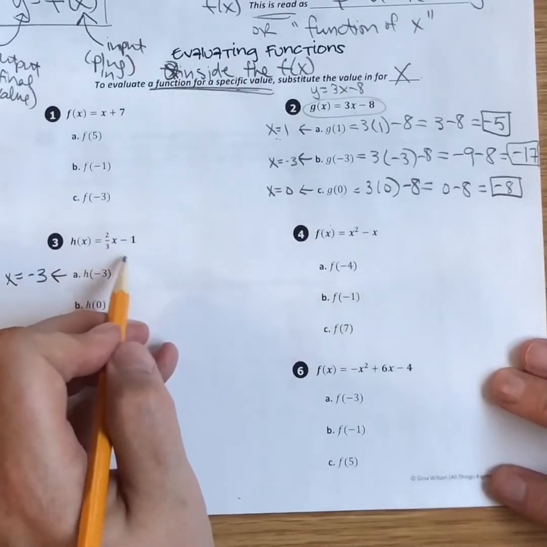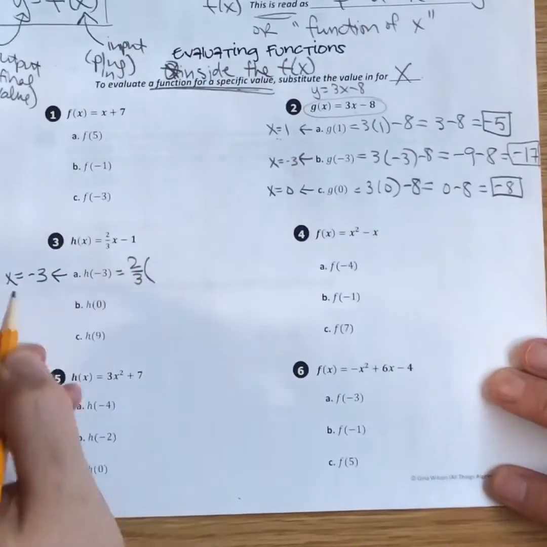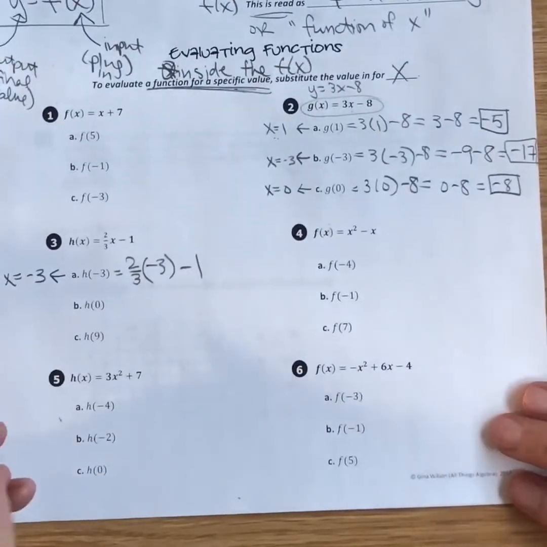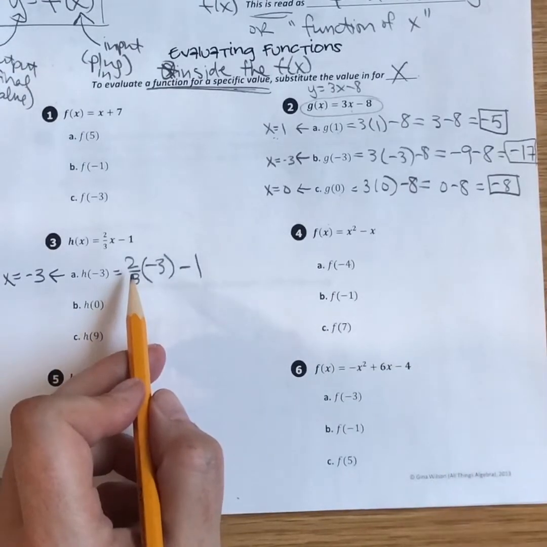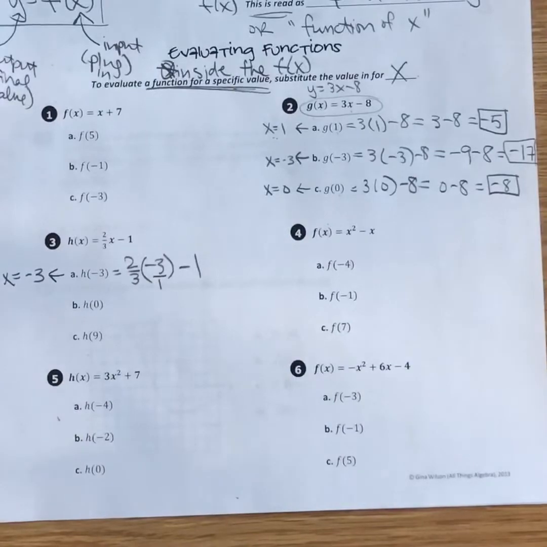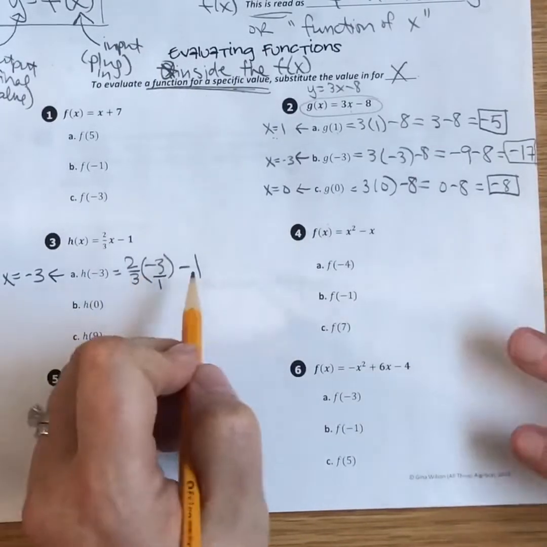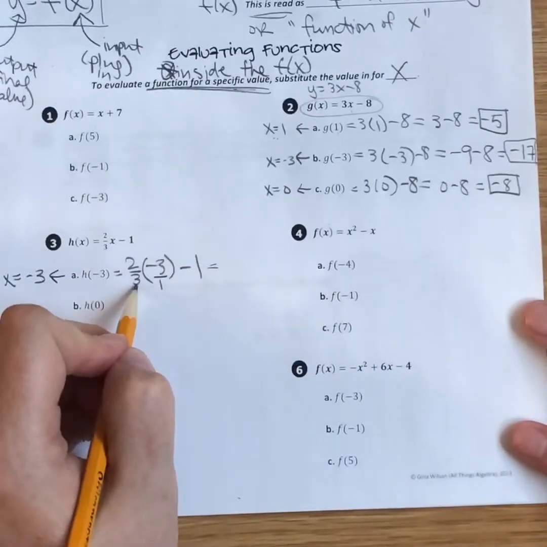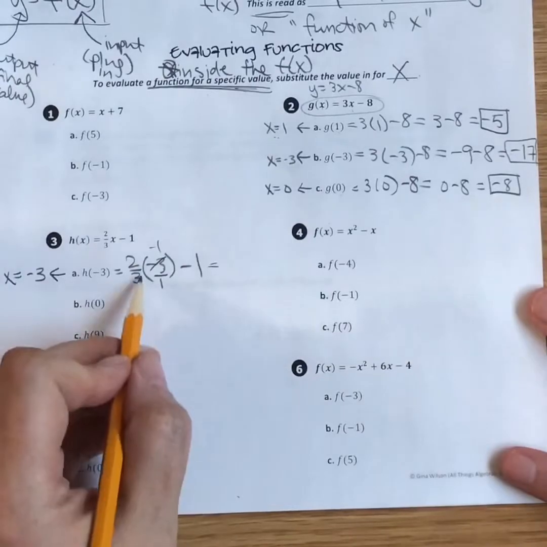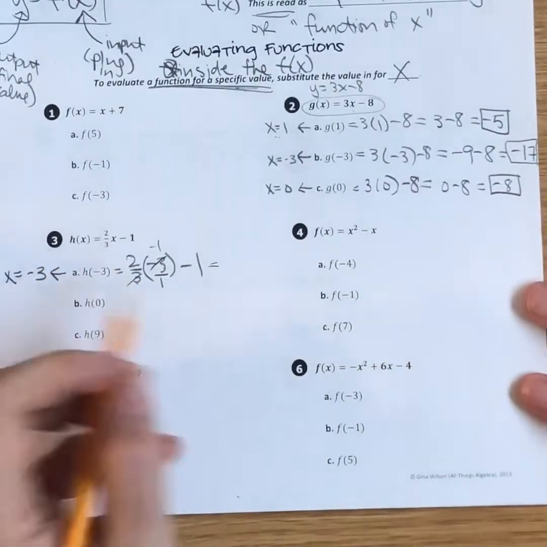So for the equation, we just plug it in for x, so it becomes 2/3 times negative 3 minus 1. And if you remember, anytime you multiply a fraction times a whole number, we just put the whole number over 1, okay? And then we could divide first. I could divide 3 into negative 3, and we know that it's negative 1. Let's go ahead and do that since I already did it.